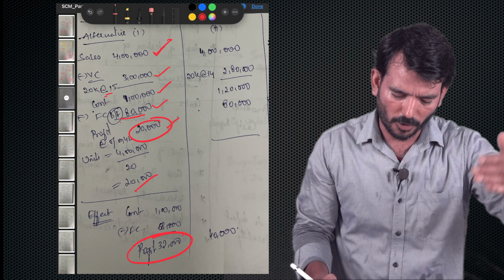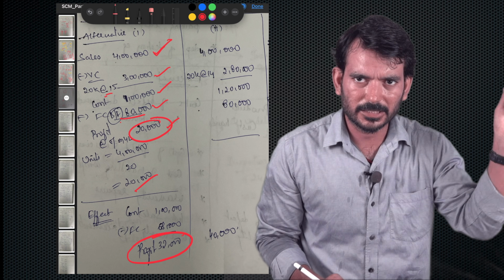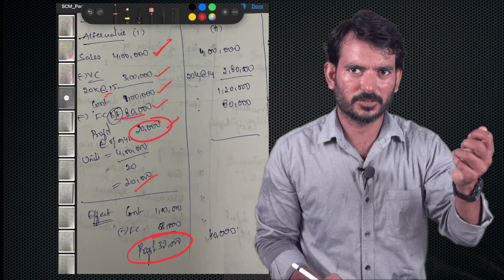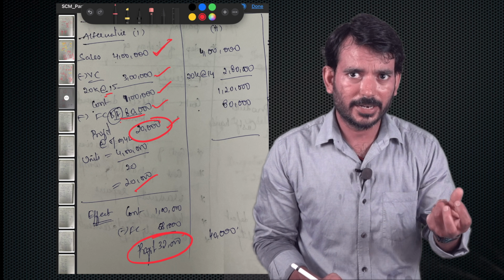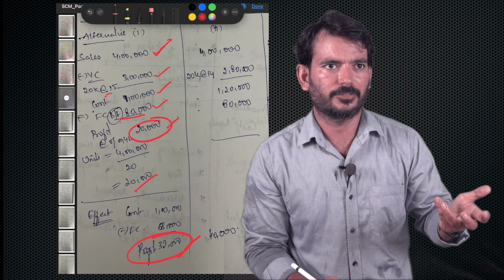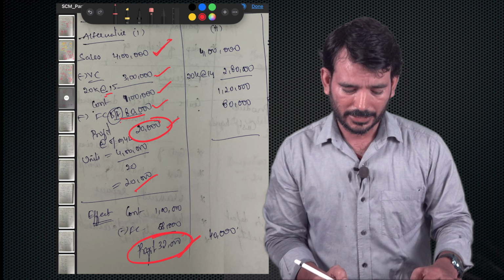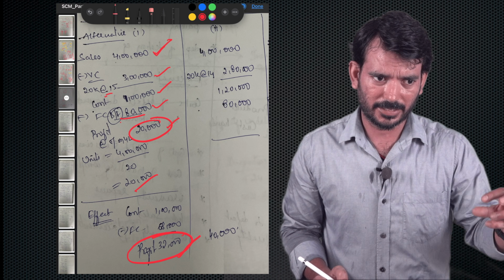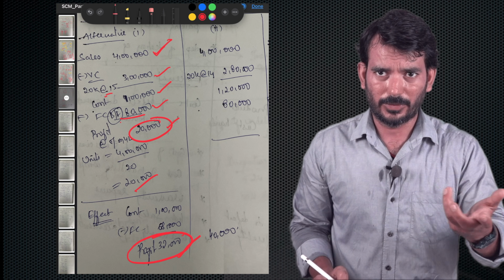You can create the format one more time: sales minus variable cost, contribution minus fixed cost, with the fixed cost reduced by 12,000, so you get the new fixed cost and then profit. But directly, if you want to write because of lack of time, you can say 20,000 existing plus reduction in the fixed cost by 12,000, so 32,000.